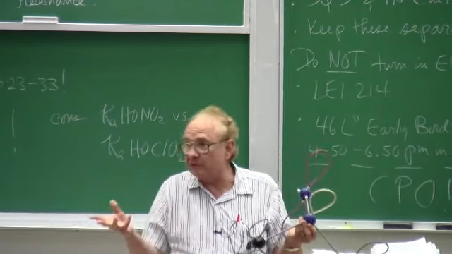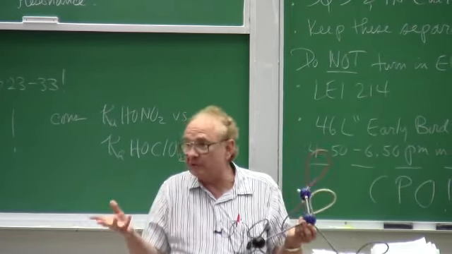I pick on this example because I've seen data reported for Ka measurements of acetic acid in ethanol as solvent. Ethanol, you may recognize, is the active ingredient in potable spirits. CH3, CH2, and an OH group covalently bonded to the CH2 carbon.